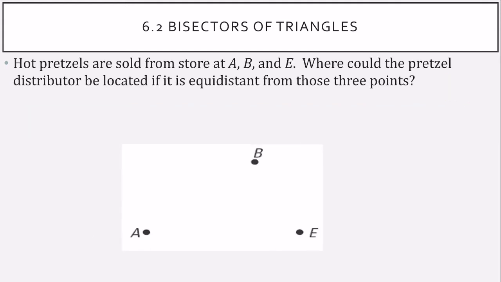Let's try an example. Hot pretzels are sold at stores A, B, and E. Where could the pretzel distributor be located if it is equidistant from those 3 points? Well, we could start by drawing a triangle, because if we want a point that is equidistant from the 3 vertices of a triangle, it's where the perpendicular bisectors are.